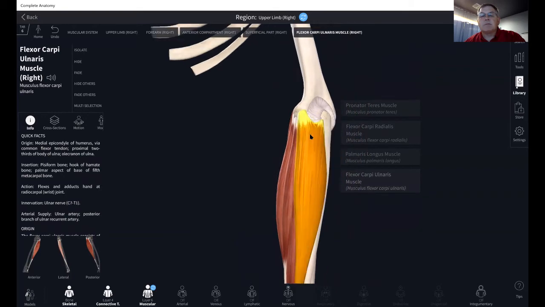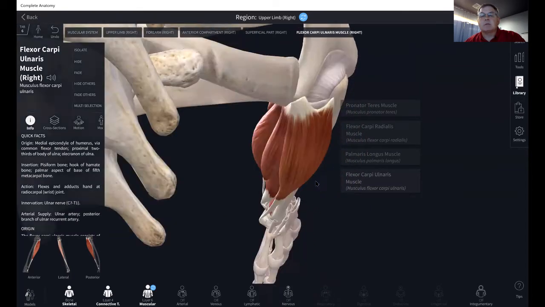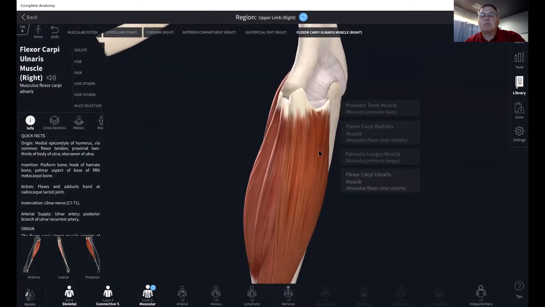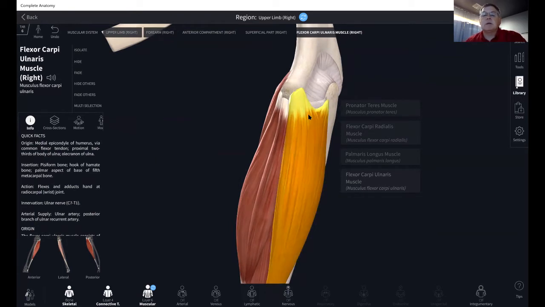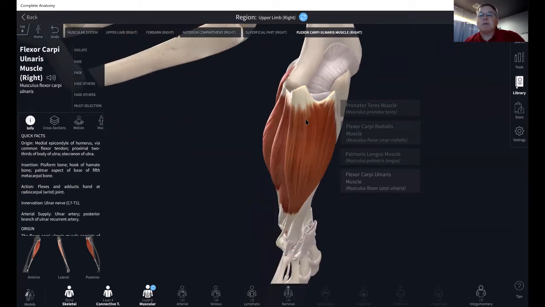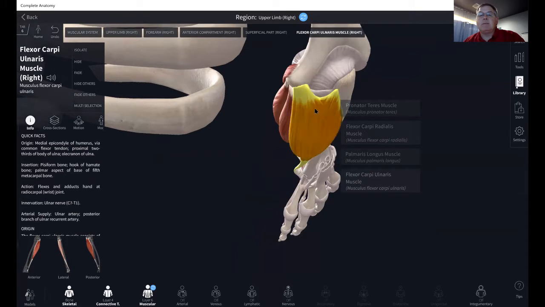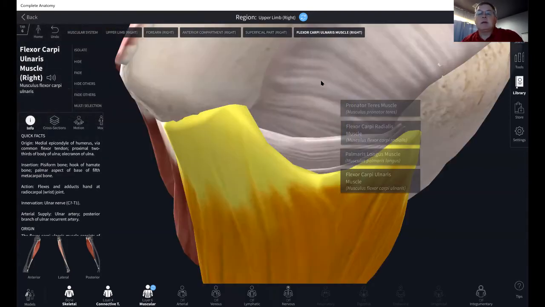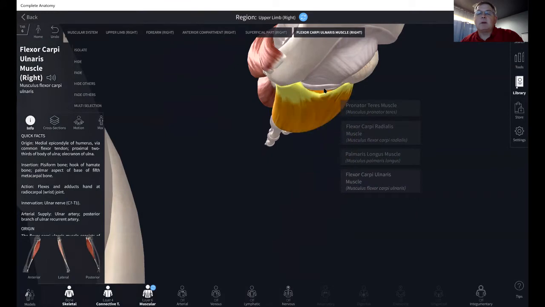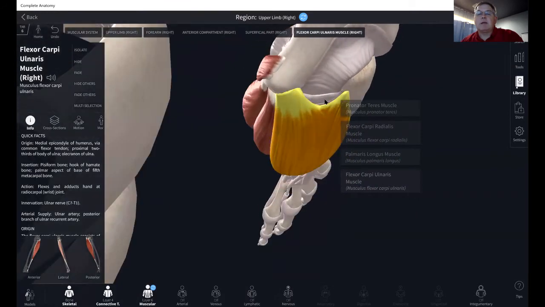Whenever we do start to talk about our specific protocols when treating for ulnar nerve entrapment, this flexor carpi ulnaris is very important, and we can really do a good job of needling there.